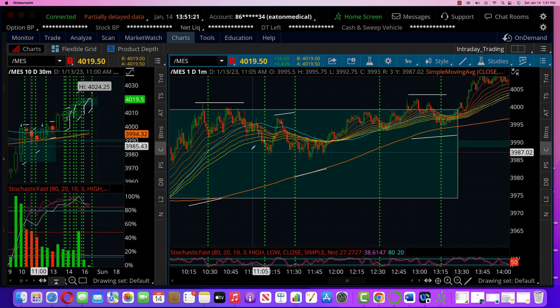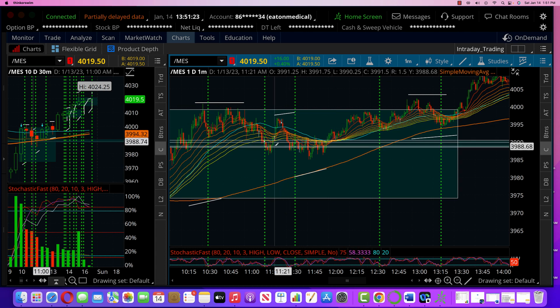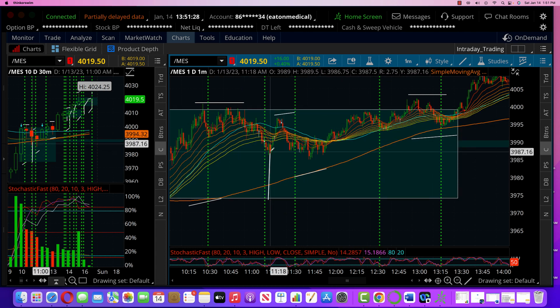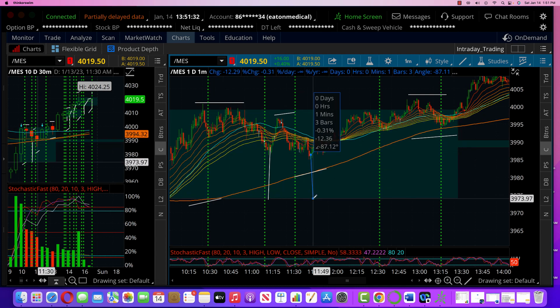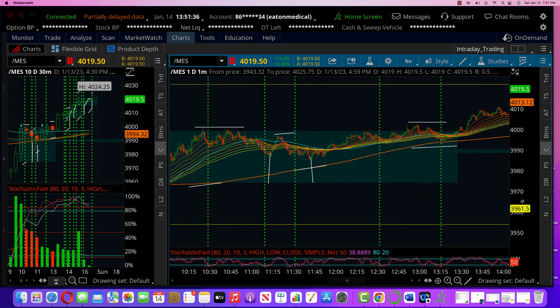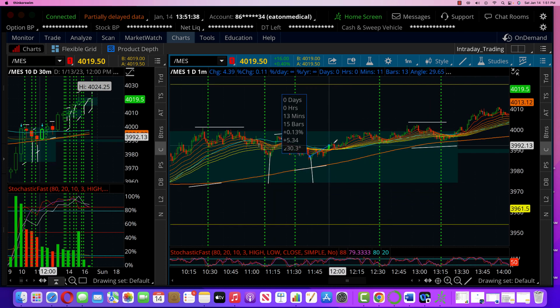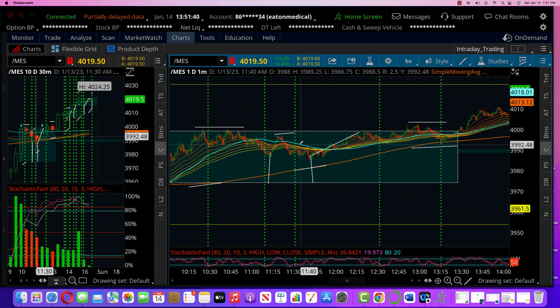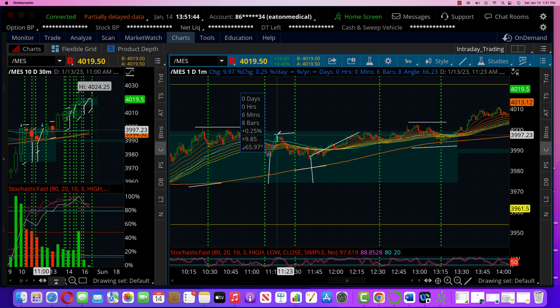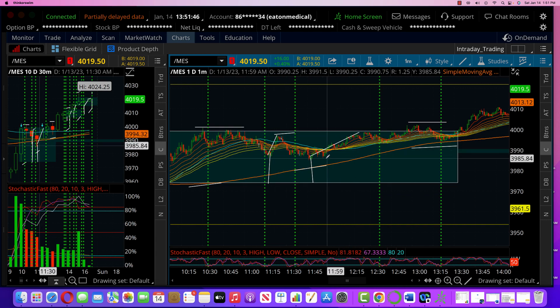Lower risk here. See, that risk is 15 points. This risk to the low is 12 points. If you're risking 12 and you get back up here, you made 12. When you get back up here, that's 9. It's like a 1-to-1.